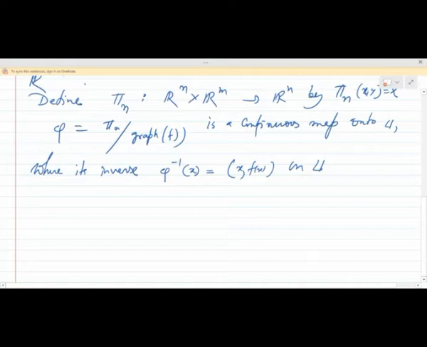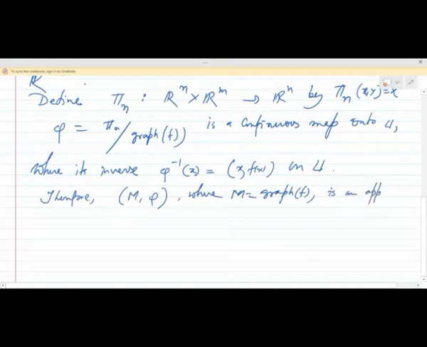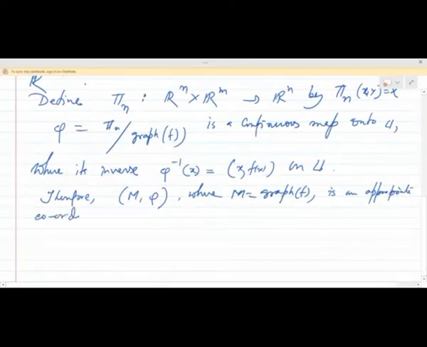Therefore (M, phi), where M is the graph of f, is an appropriate coordinate chart for the graph of f.